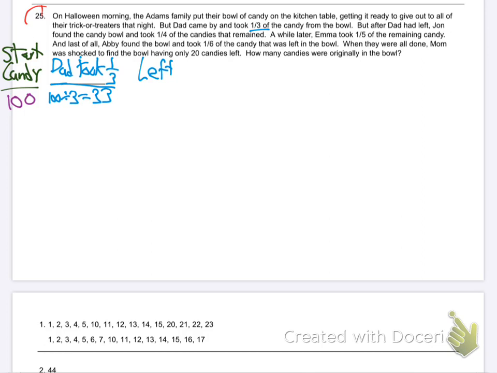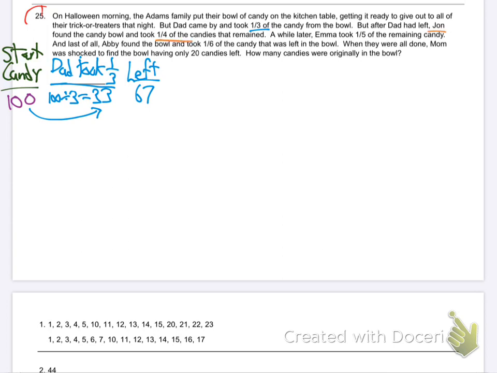And what's left after Dad is done? Well, if you subtract 100 minus 33, you'll get 67 left. Next comes John.